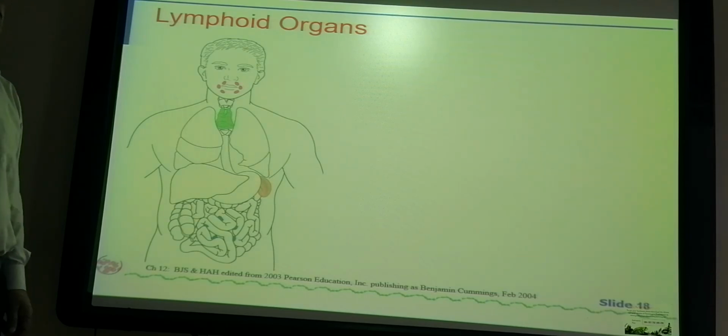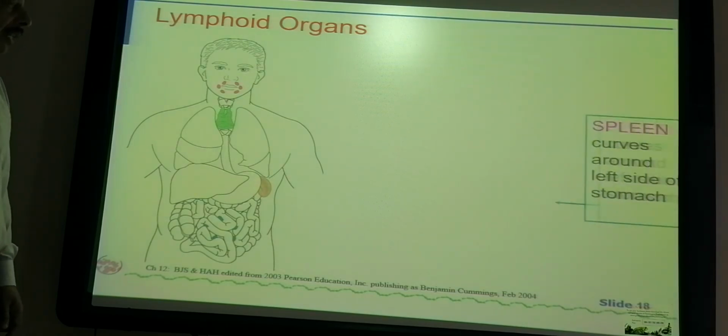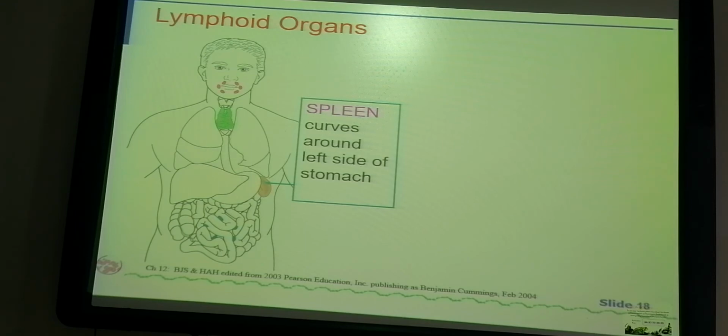Then we have the lymphatic organs. We have the spleen as a lymphatic organ, which curves around the left side of the stomach, and most of the destruction of red blood cells happens in the spleen after they complete their lifespan.